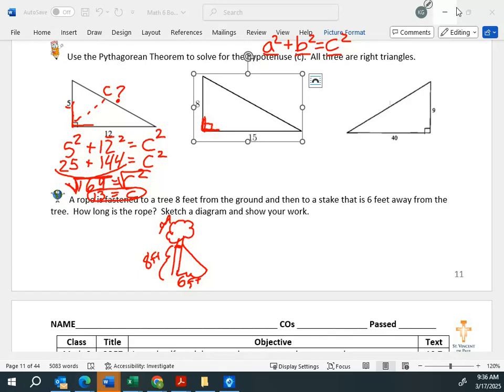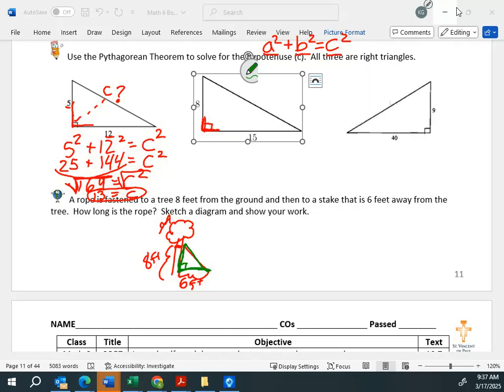Now look at our triangle. We have one side, we have another side, and then we have this side. So we know one side is 8 feet, one side is 6 feet. Our right angle is right there.